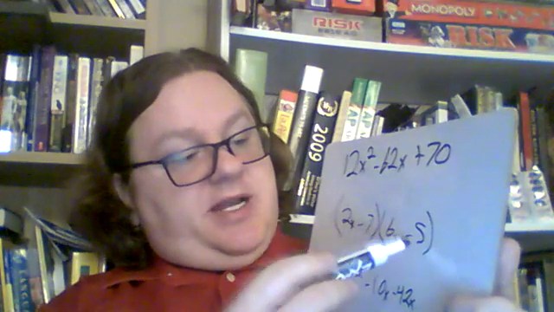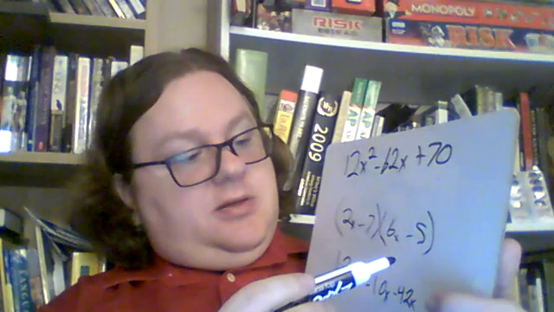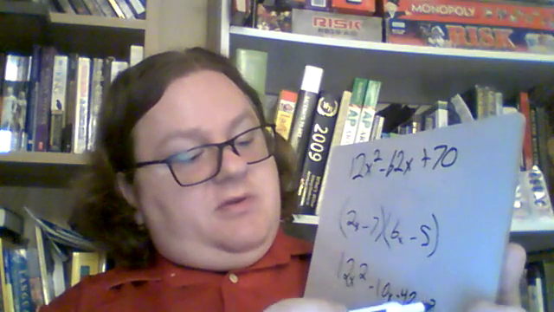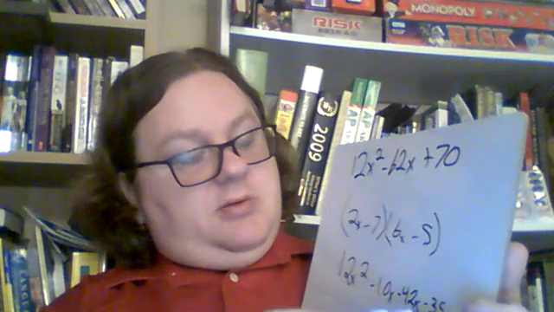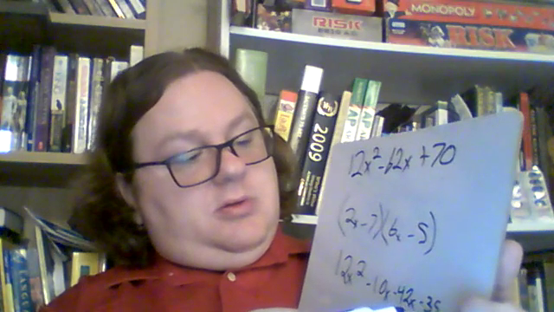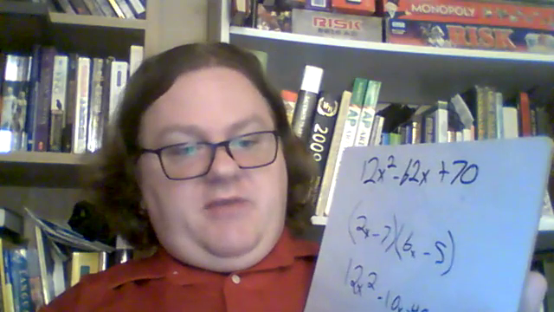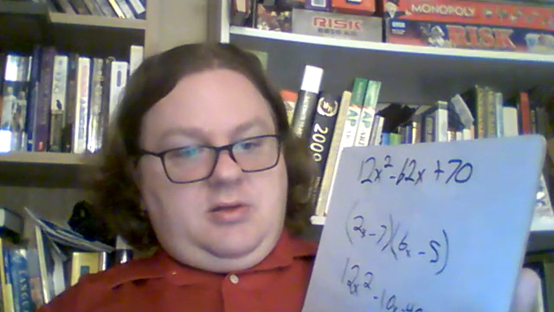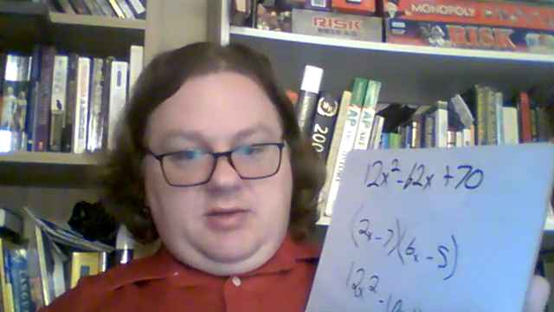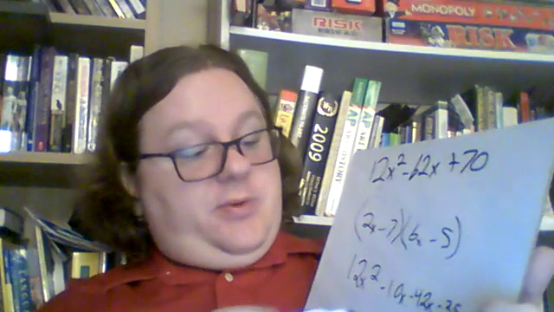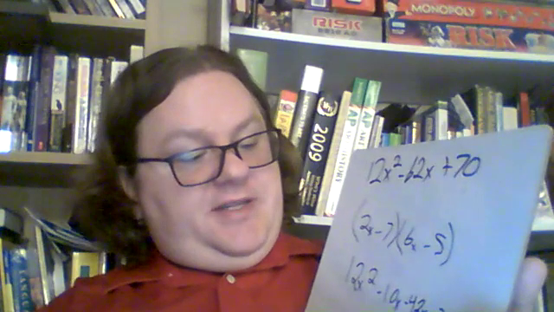Negative 7 times negative 5 is negative 35? That's not going to work out. Why did I think 7 and 5 would be a thing? Oh, because they lied to me. Okay, well, we're close. We got negative 52 and 35.